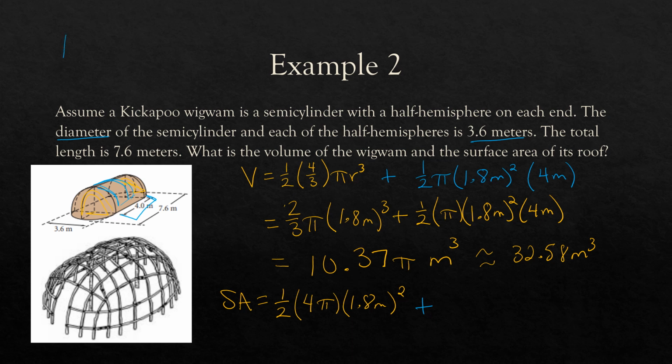So remember that when we open up a cylinder to that lateral side, we just get a rectangle. And this rectangle is the circumference of the circle base times the height. And the circumference is 2 pi r, or pi d. But then we only have half of it. So if we take half of 2 pi r, it would just be pi r. So pi times our r times our height, which is the 4 meters.